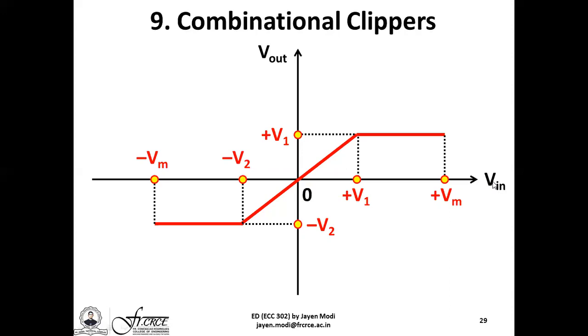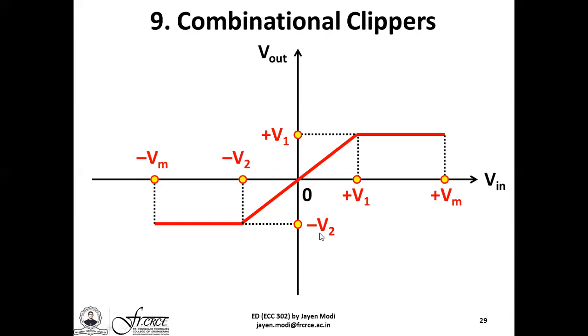Once the input signal crosses either of the threshold reference values, the output signal is clipped to that particular DC reference value itself. For the positive half cycle, the signal is clipped to plus V1, but for the negative half cycle, the signal is clipped to minus V2. This is what we have for combinational clippers.